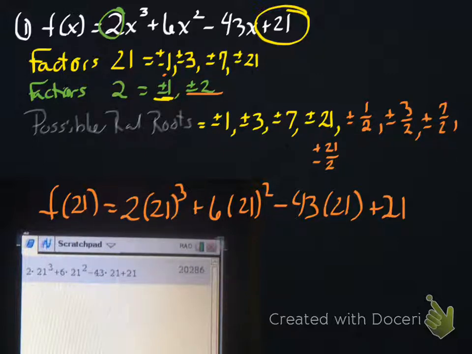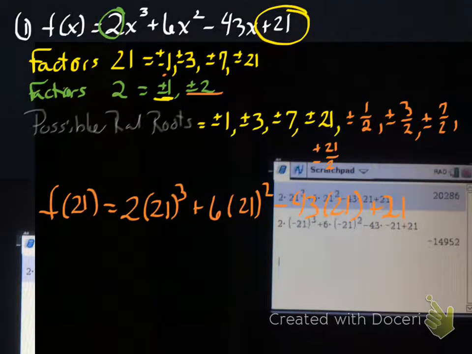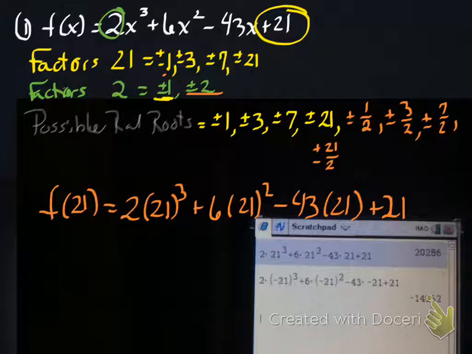And so if you use that negative, you end up with negative 14,952.